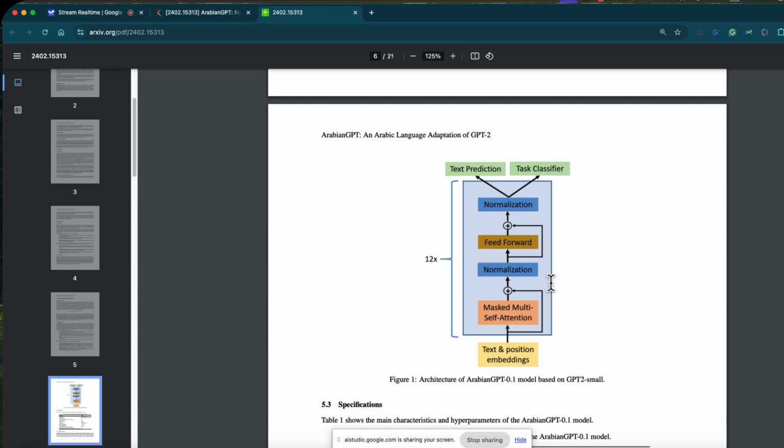The diagram also has labels text prediction and task classifier, both of them pointing upwards, before starting again in the first step, creating a cycle. The label 12x also highlights how the cycle repeats itself 12 times. In short, this diagram shows how the model transforms input text into predictions. Do you have specific questions about the different components of the model, or would you like me to explain something else in the figure? This is fine, thank you.